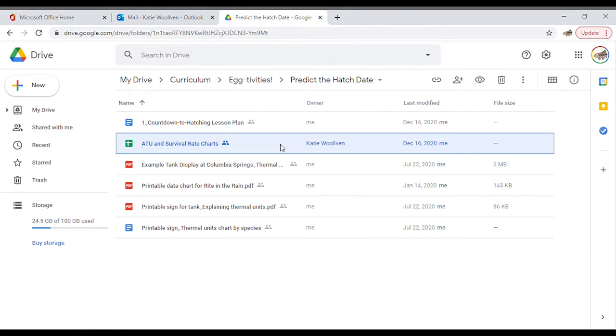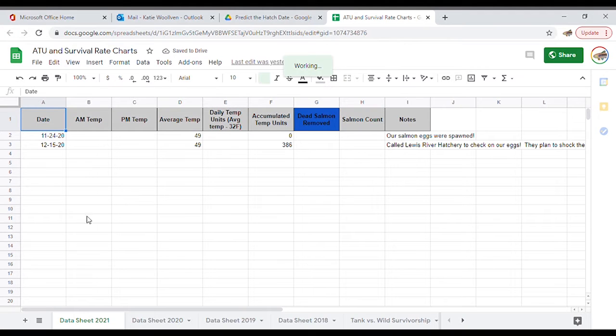We were just looking at the lesson plan, and now I'd like to show you guys this ATU and survival rate chart. It has a few different tabs down here at the bottom. Right now I'm in this year's data, and so far I know that our salmon were spawned on November 24th, and that the water temperature has been right around 49 degrees at Lewis River Hatchery.